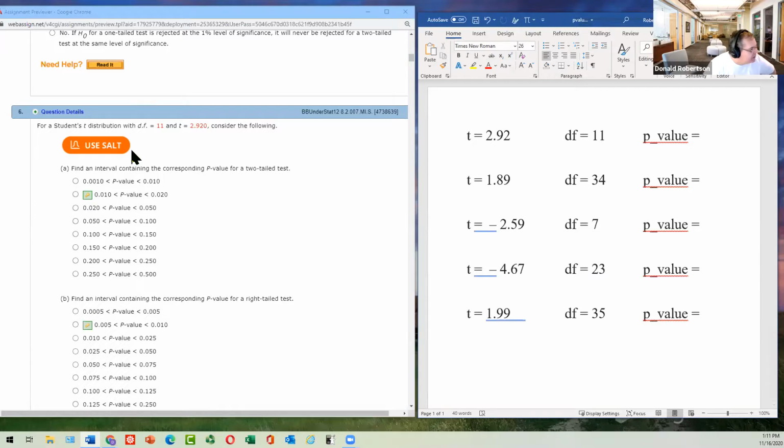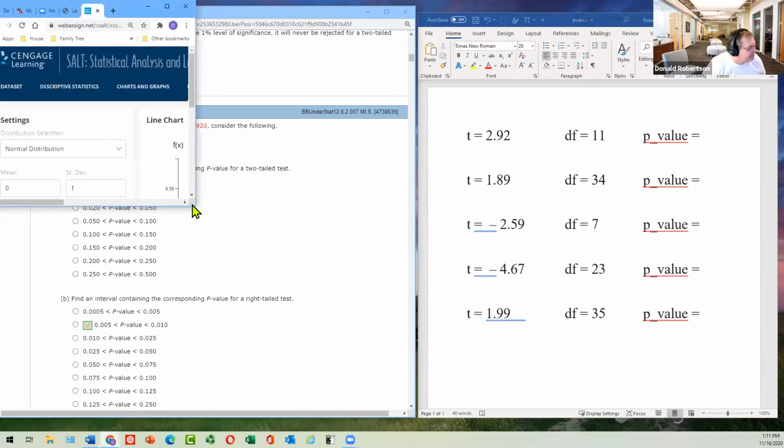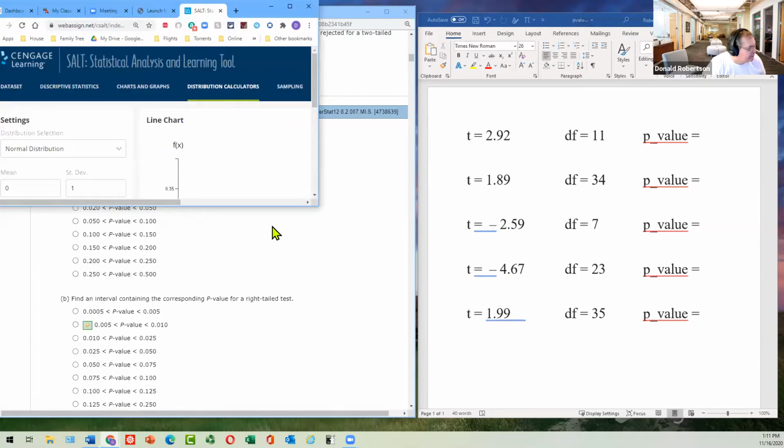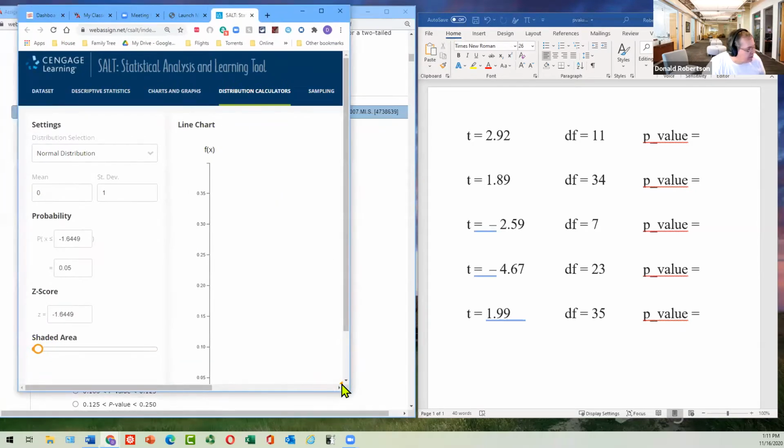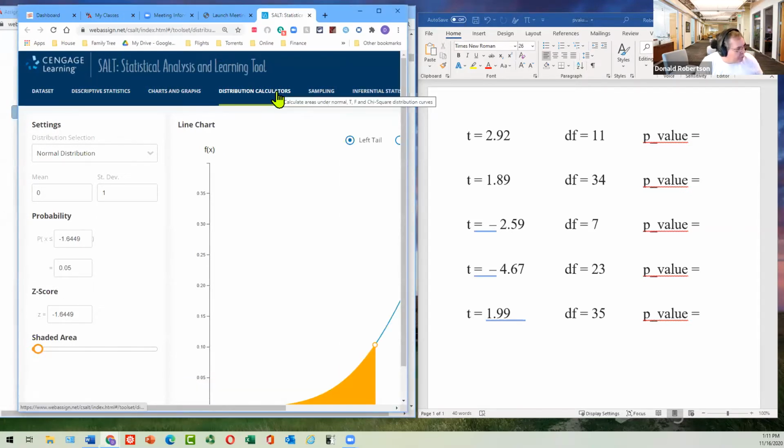So if I hit the SALT button, you will see, whoops, I have to do this kind of on top of it. You'll see this. Now, the guy that we want isn't the normal distribution.